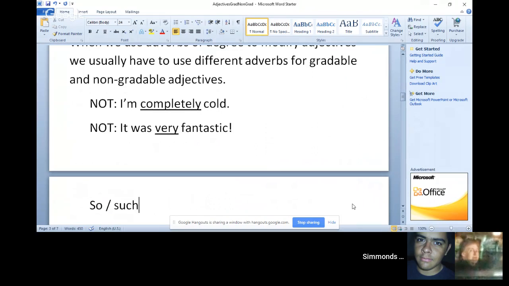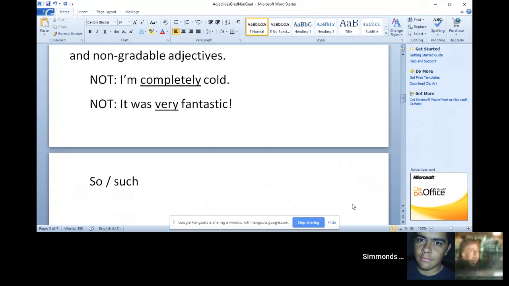So with so, we use an adjective, and with such we use a noun phrase. It was so fantastic is correct, but it was very fantastic is not correct.